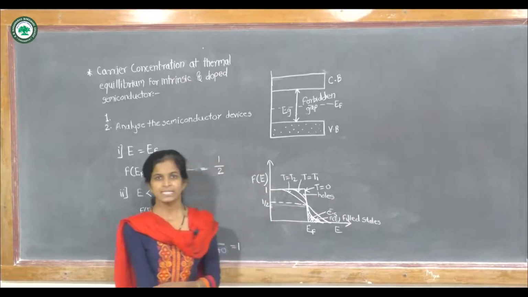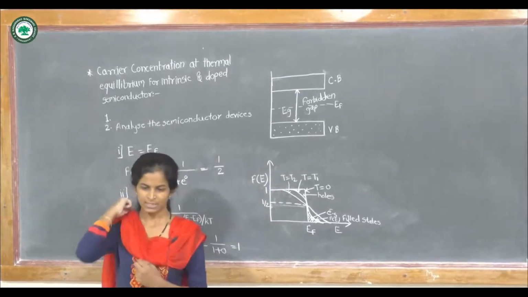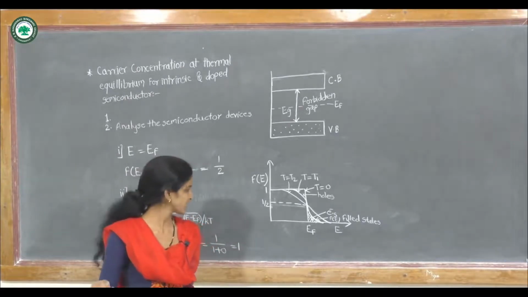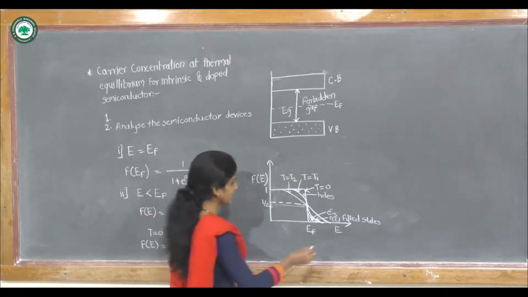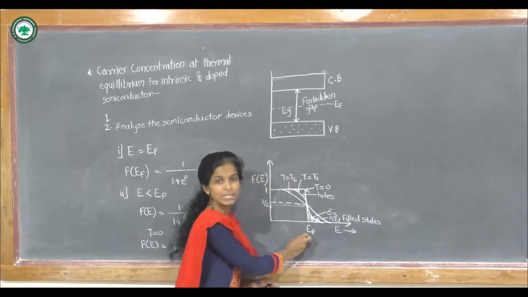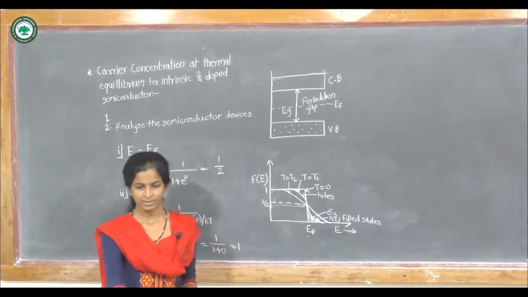So this figure explains the Fermi distribution function as a function of energy, and it is symmetrical about the Fermi level.